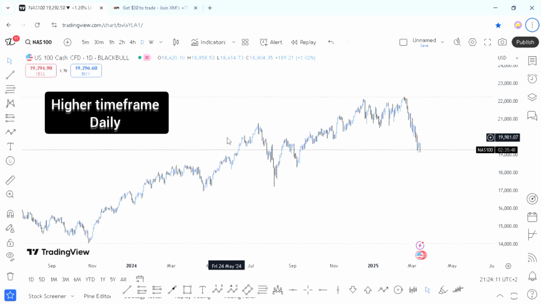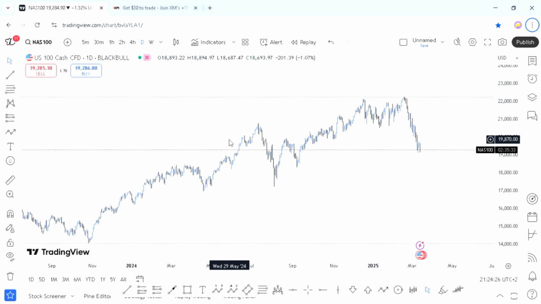If I zoom out to see the market structure of this higher time frame, it is clear the price is in an uptrend. Now we have to highlight our points of interest where price is likely to go.